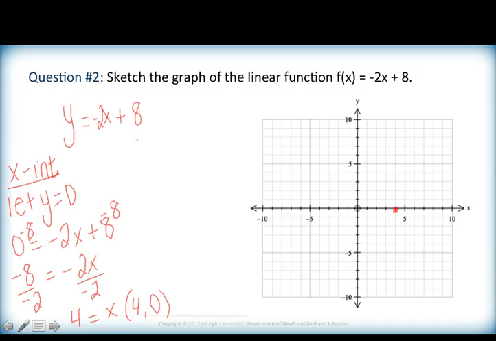Next, we want to find the y-intercept. And we're going to let x equal 0. When we do that, we will have y equals negative 2 times 0 plus 8.